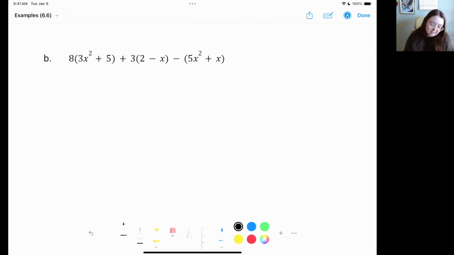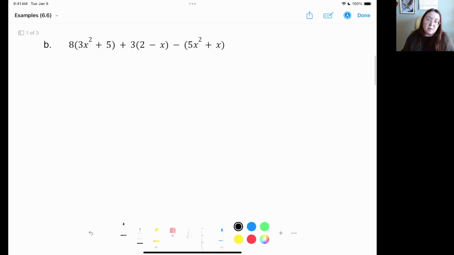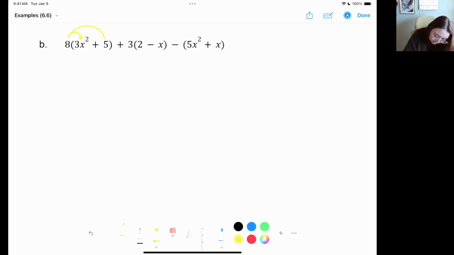Part B here is trickier because now we have coefficients in front of whole terms here. So we will need to use our distributive property. So we're going to go ahead, we'll use our distributive property here. And we're going to distribute, we're going to start with the 8. So we're going to multiply 3x squared and 5 by 8.